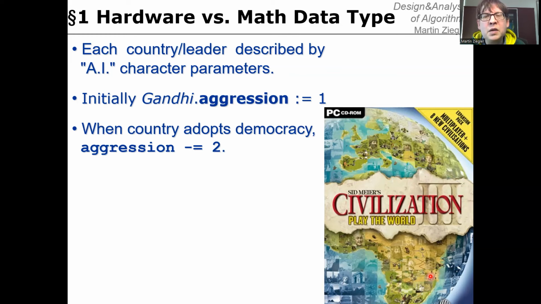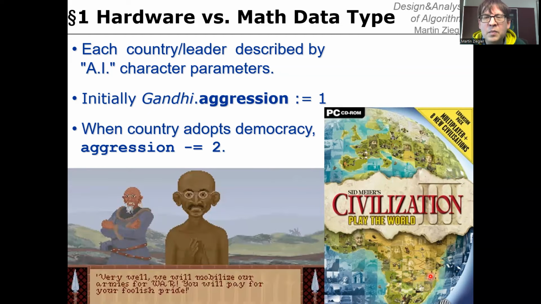However, in hardware, the data type byte, which was used at that time for efficiency reasons, incurs a wraparound when computing 1 minus 2, and the result is 255, a very high level of aggression, leading Gandhi to wage war against neighboring countries once India develops democracy.